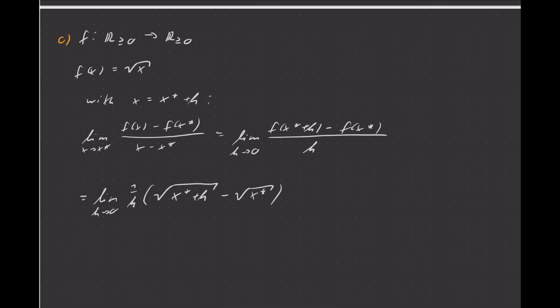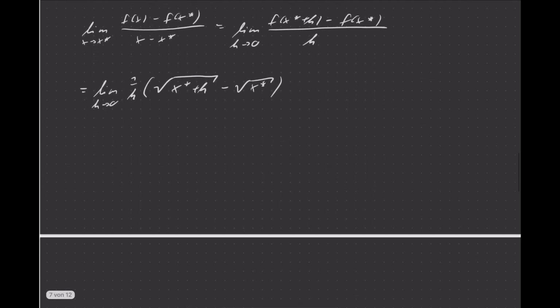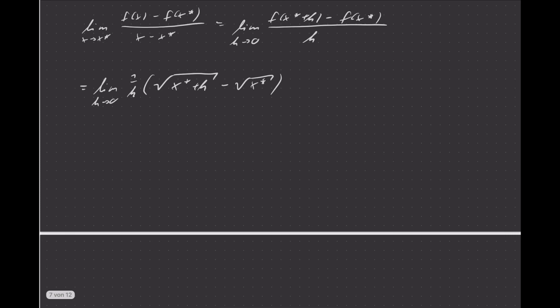Now, to be able to compute that limit, we'd like to get rid of that square root expression somehow. And maybe you remember that from our discussion of sequences already, or limits of functions. We used similar tricks. What we'll do is we'll extend that whole expression by an appropriate term. And that term is the following.